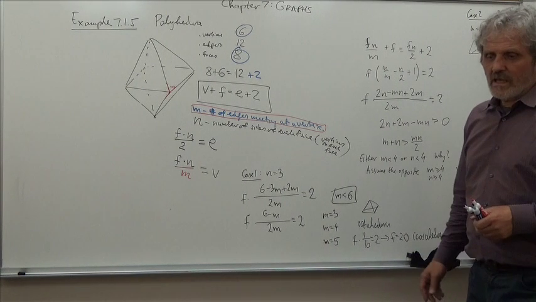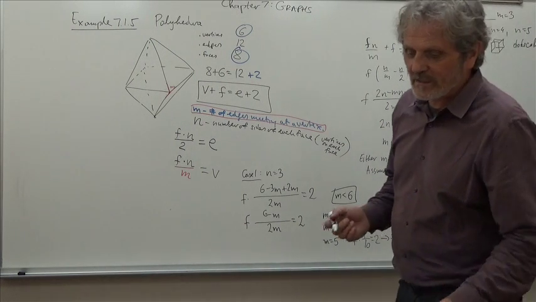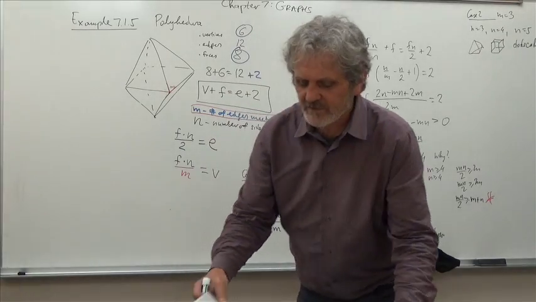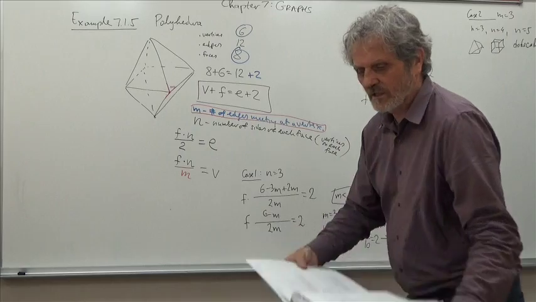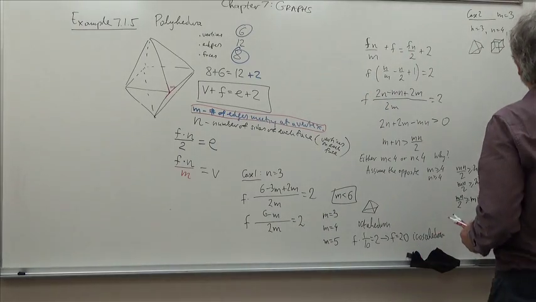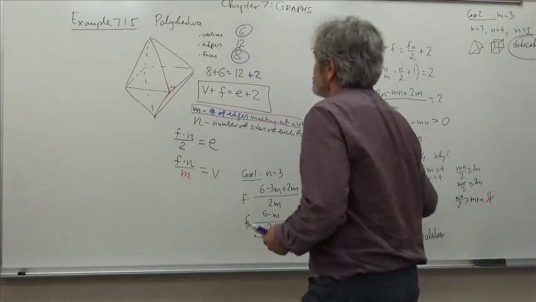All right, and that's an interesting analysis from Euler's formula. How does that match with our analysis of graphs? Generally, let me erase this actually. I want to have a little story about dodecahedron.